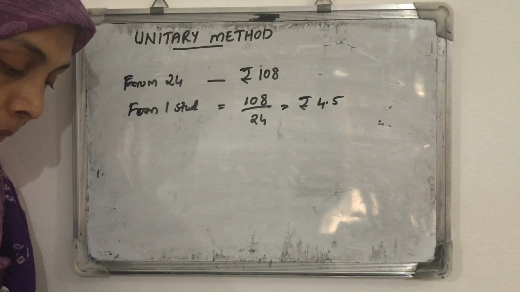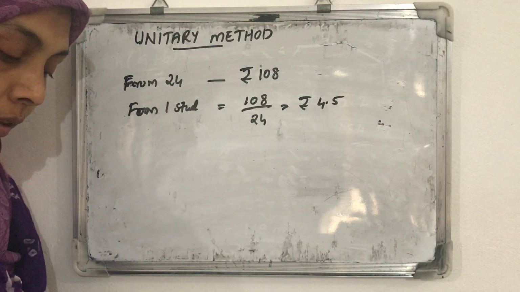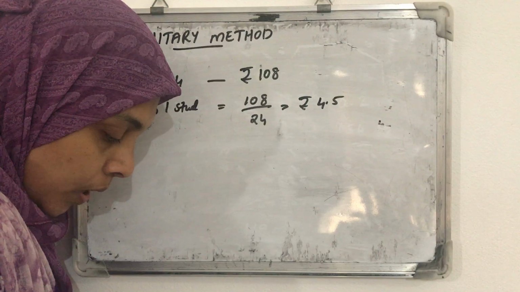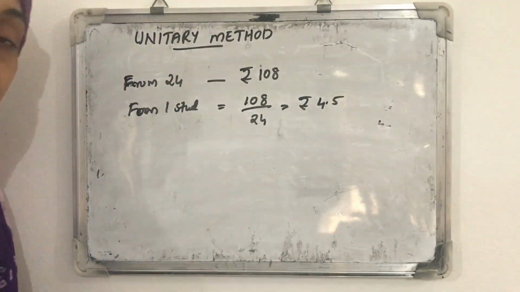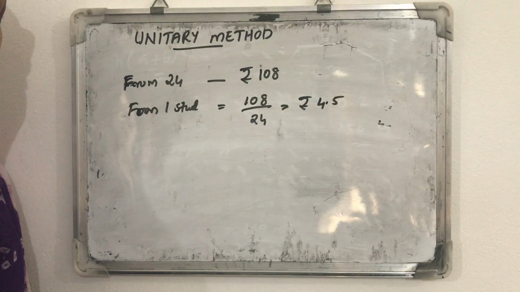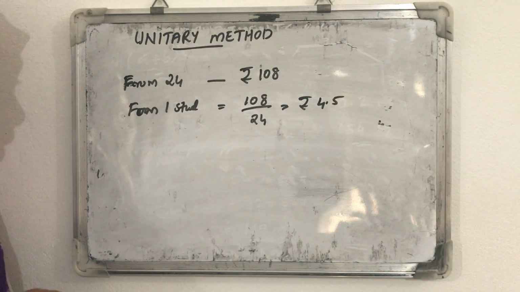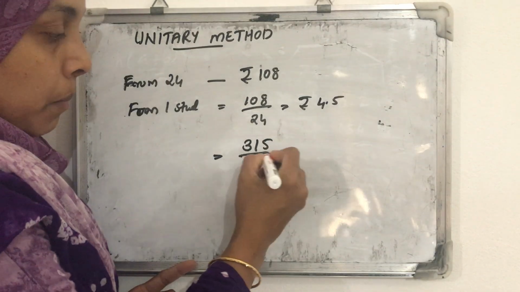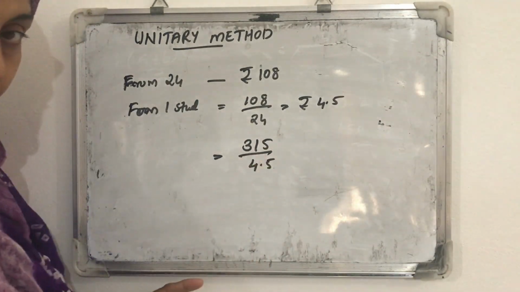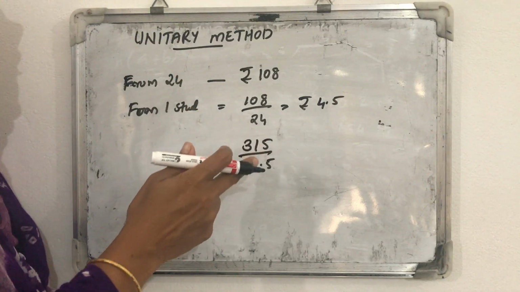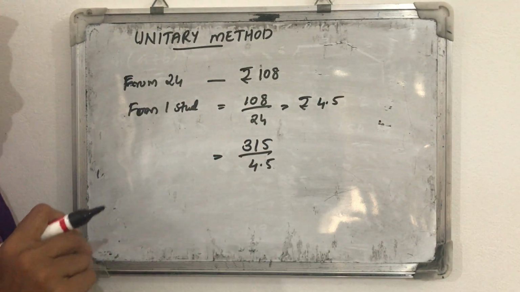Now the question is to collect 315 rupees, how many students are needed? In this way, we want to divide the total amount 315 by 4.5. Understand? According to the question, sometimes there will be multiplication and sometimes division.